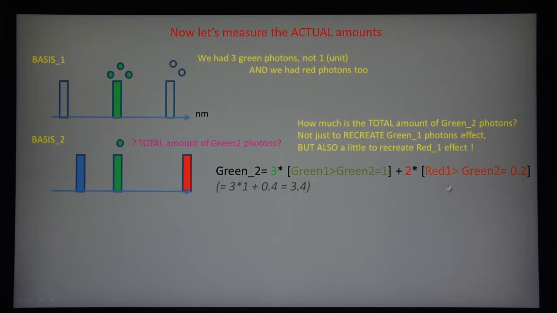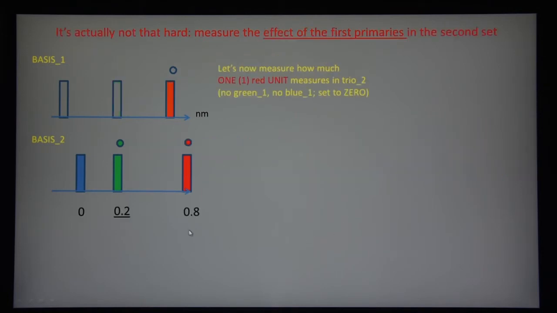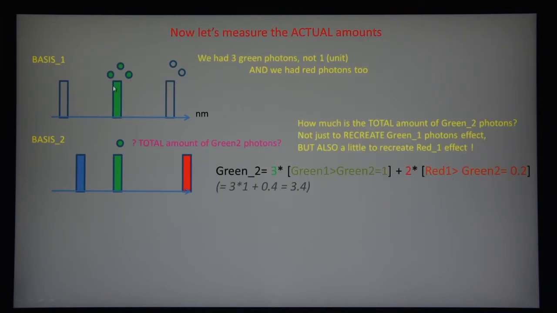And to simulate the red of Mr. Guild, we saw in the previous slide that we needed a little bit of green to make the other guys red. So we also need a little bit of green to make these red photons that Mr. Guild had measured in the Mr. Wright system.